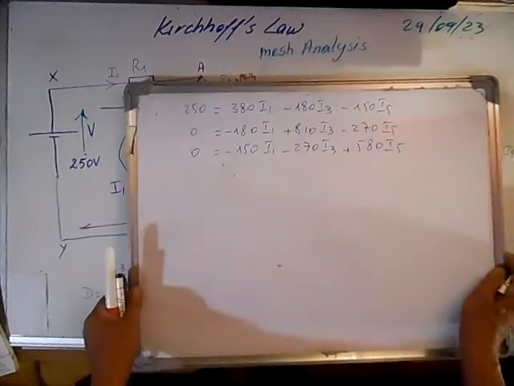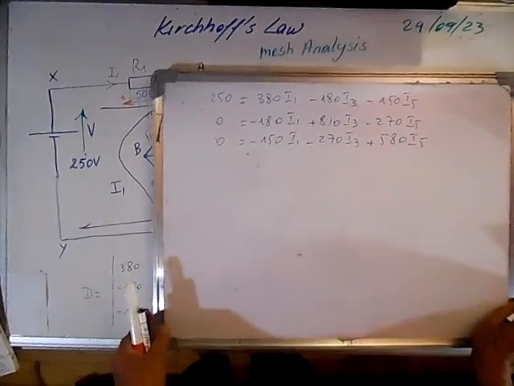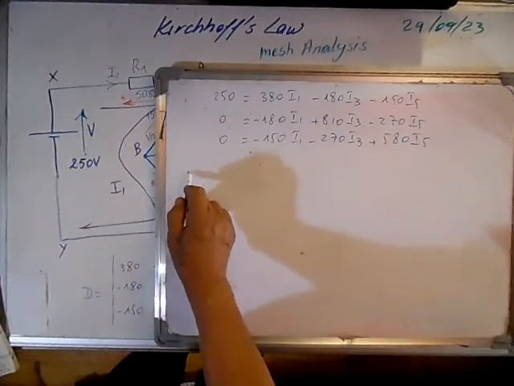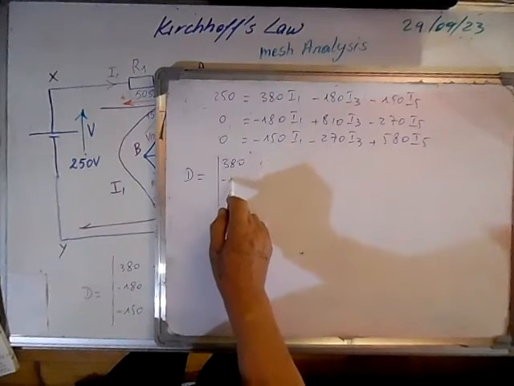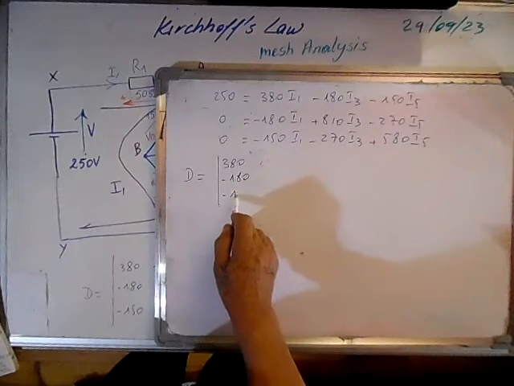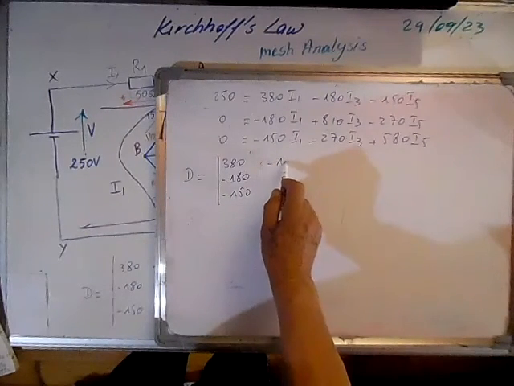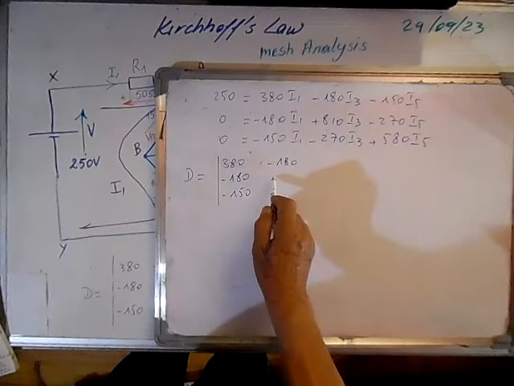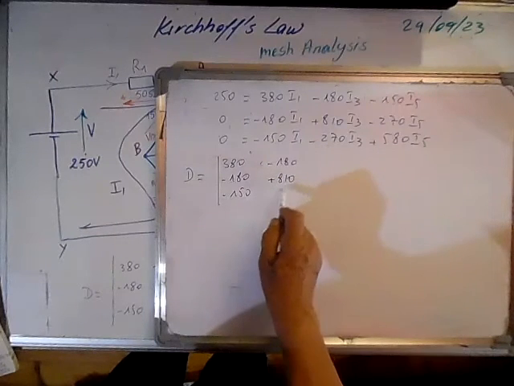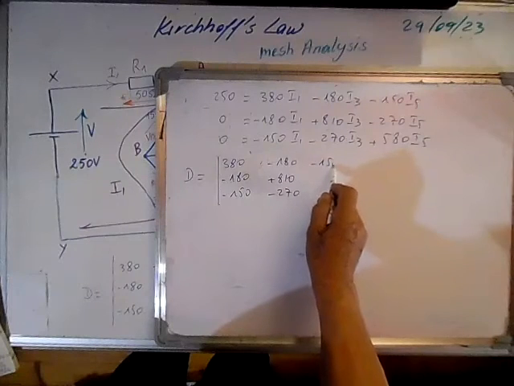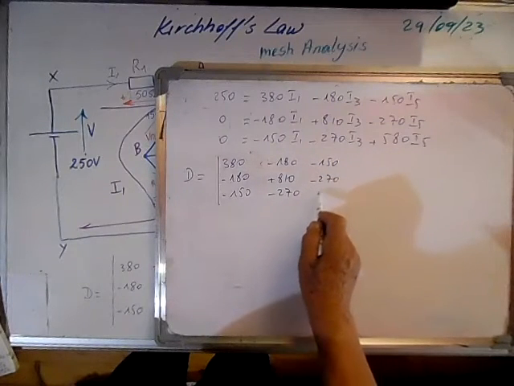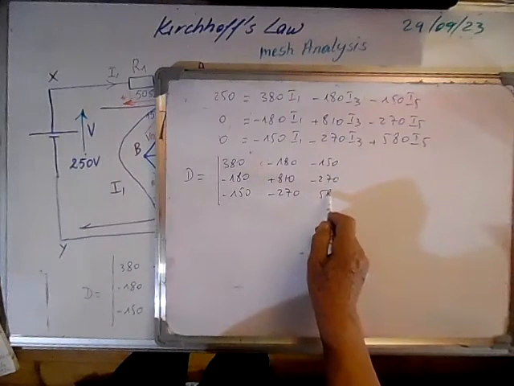So we calculated the determinant here. D is equal to 380, 180, 150, 180, 810, 270, 150, minus 270 and 580.